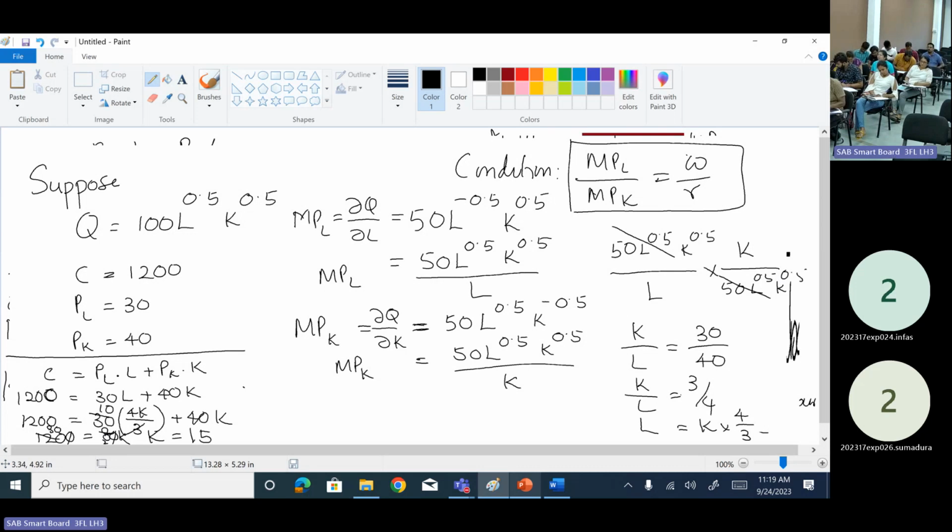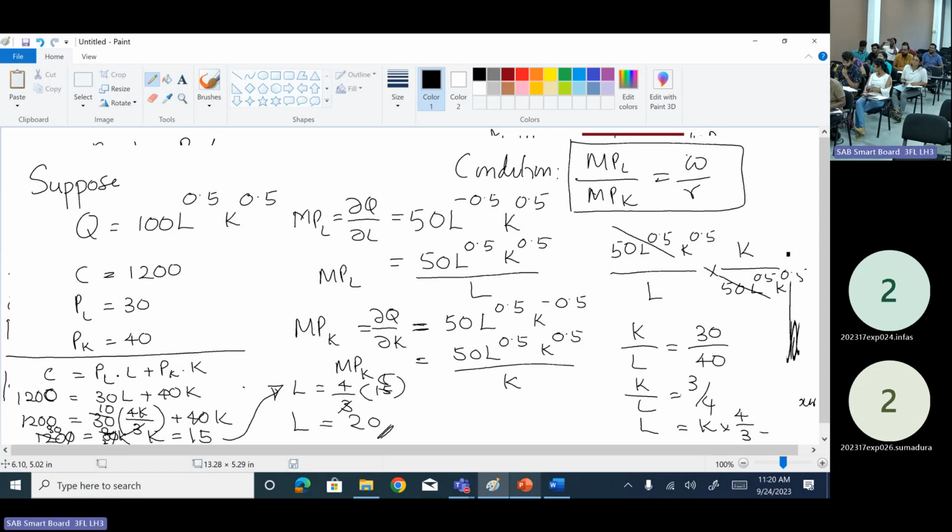The capital is 15. Then you can substitute in order to find out the labor. So that's our labor function: 4.3 into 15. How much is the labor? 20. Labor equals 20, and capital is 50.